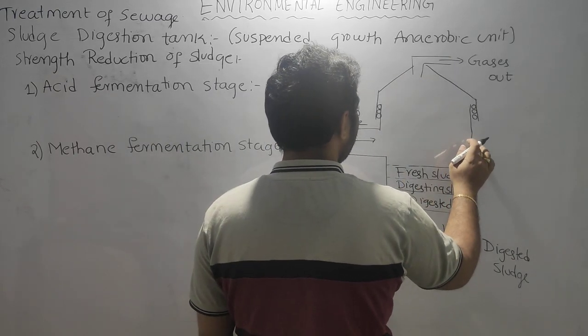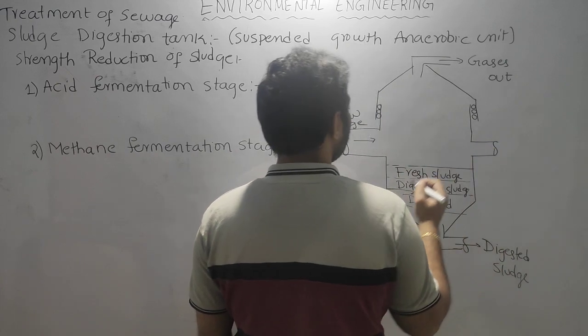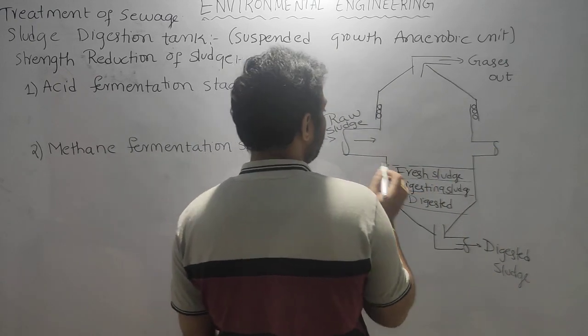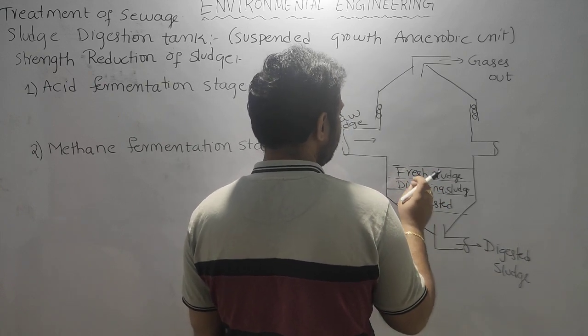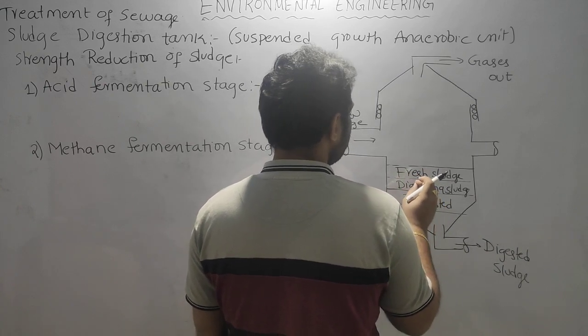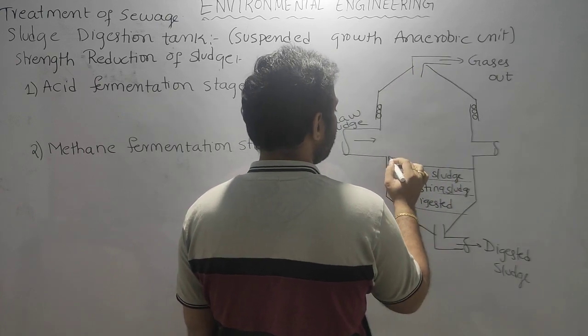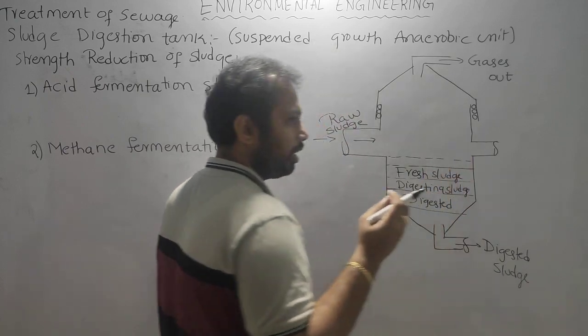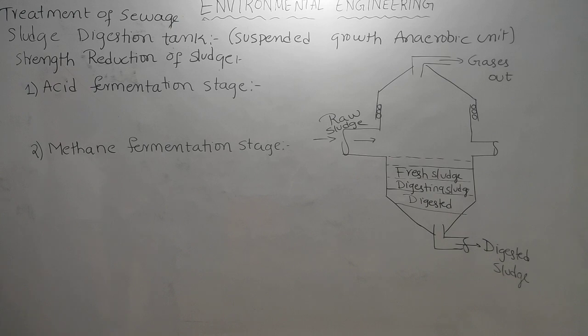There will be another vent here to take care of the supernatant liquor. During digestion, some amount of the sludge converts into gas and solid, and a gelatinous, filamentous liquid material comes onto the top, which is called supernatant liquor. Generally it contains a lot of BOD.